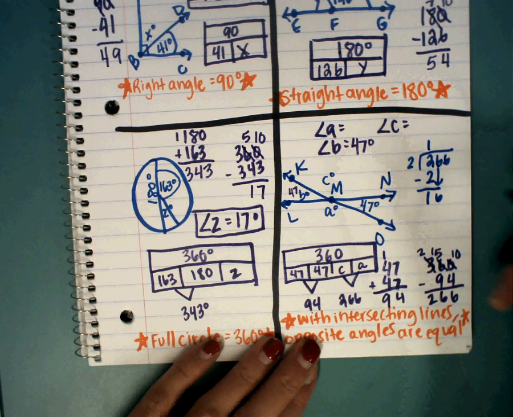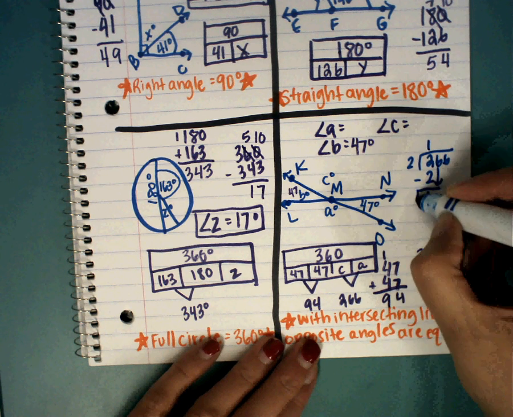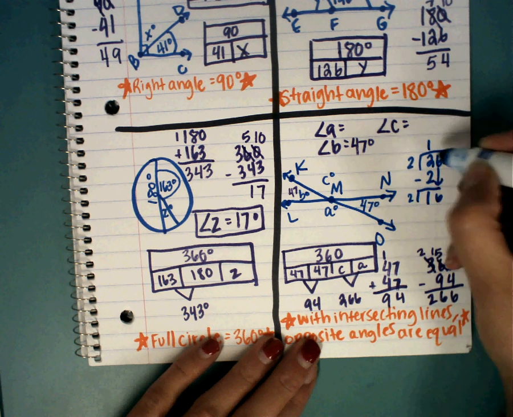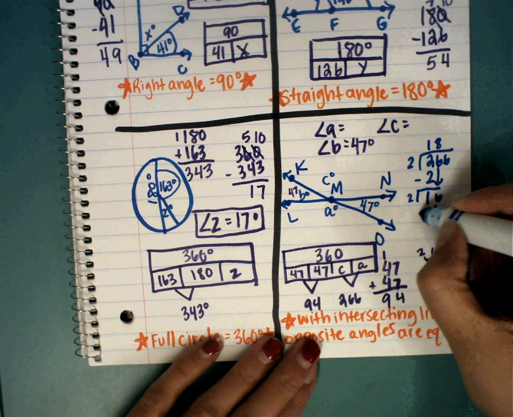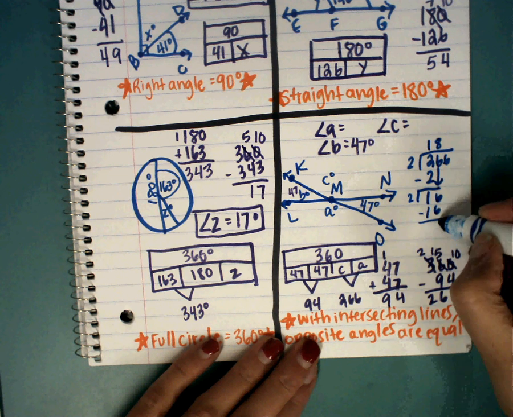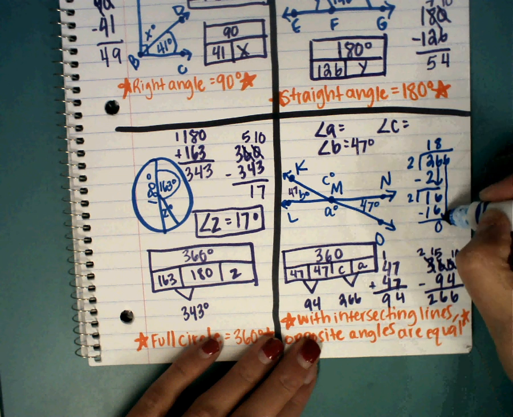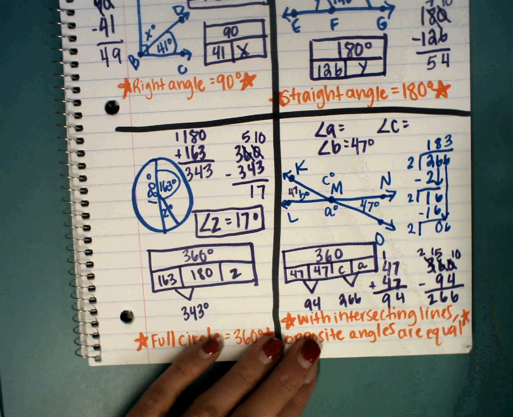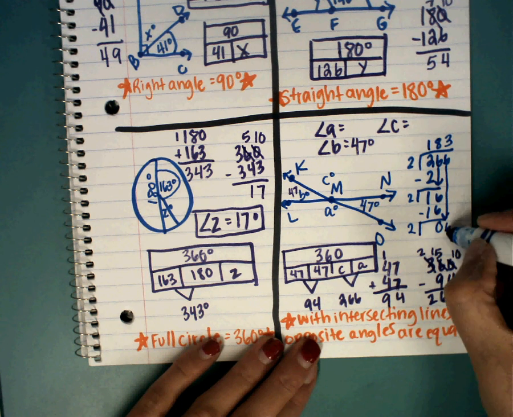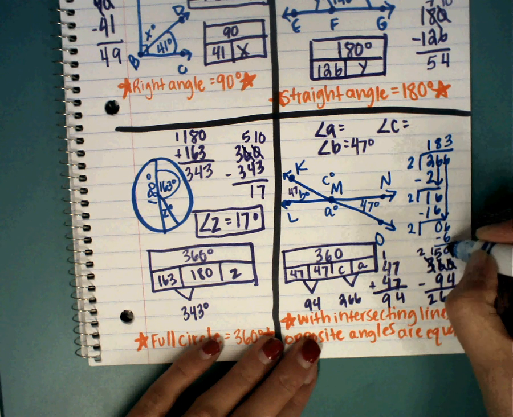Bring down the 6. How many groups of 2 can I get out of 6? 3. 2 times 3 is 6. 6 minus 6 is 0.